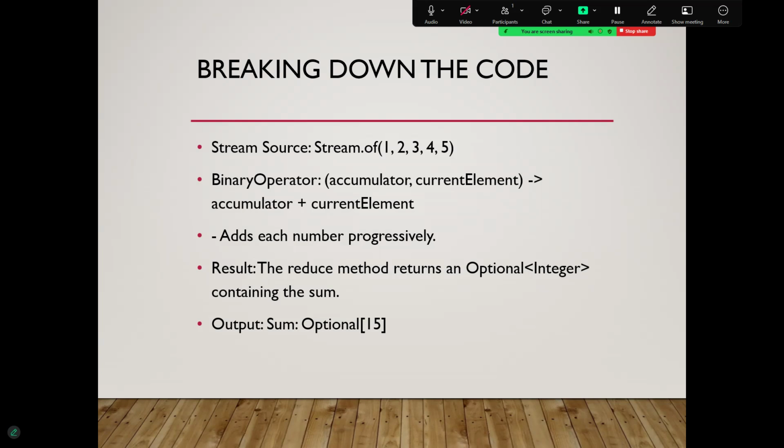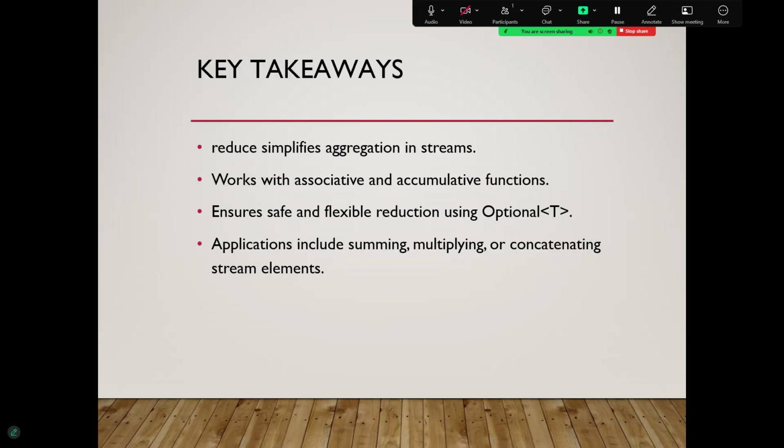Output is 15, right? So reduce simplifies aggregation in streams, works with associative and accumulative functions, and ensures safety and flexibility. Using Optional T, applications include summing, multiplying, or concatenating stream elements.